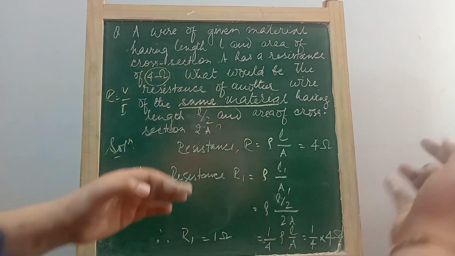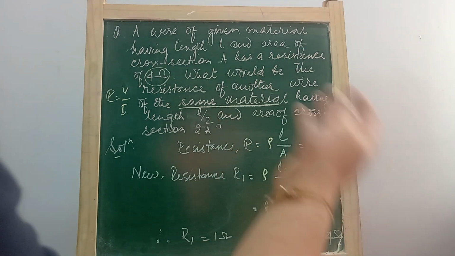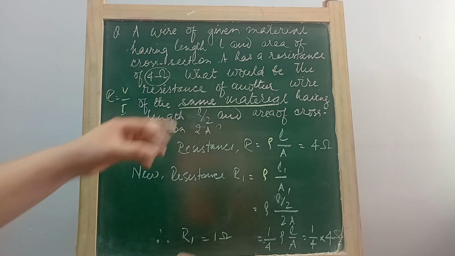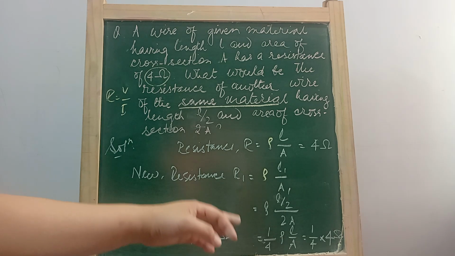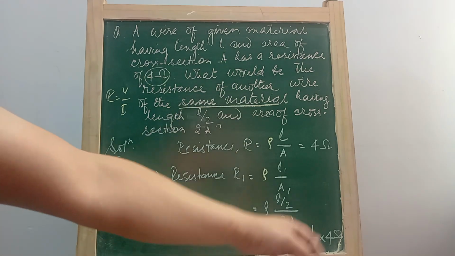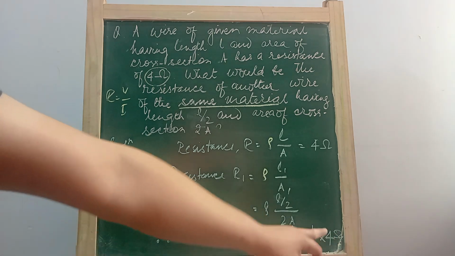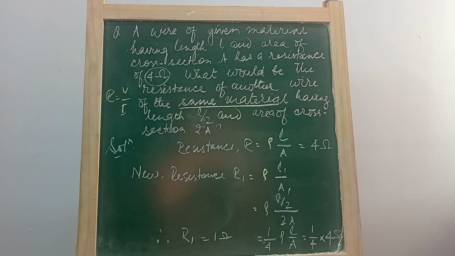The length has become half, which means resistance will be half. So in both cases, the resistance has become lesser. How much lesser? It was earlier 4 ohm. Now it will be 1 by 4th of the earlier resistance. 1 by 4th of 4 is 1. So the new resistance will be 1 ohm. Hope you understand this.